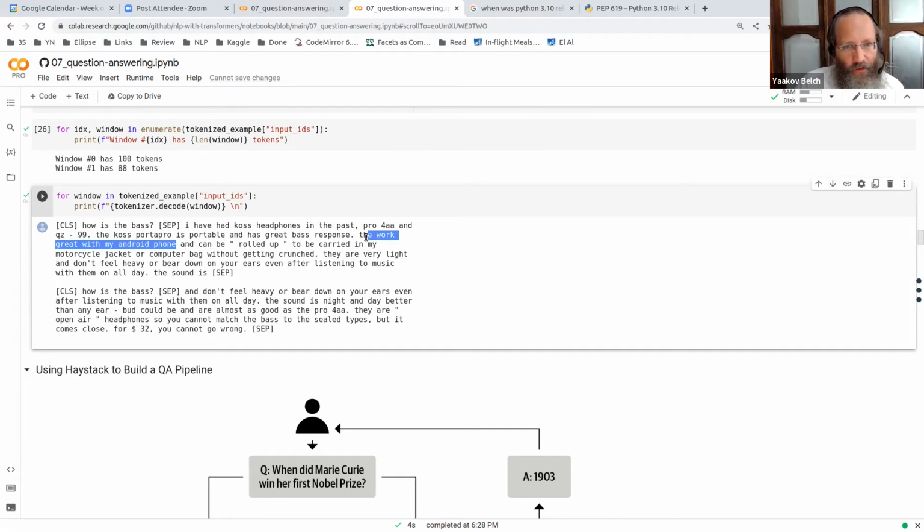This is an answer. And what's the question? Is it the headphones? Do the headphones work with Android? Or how's the bass? You can answer that question with: it has great bass response.